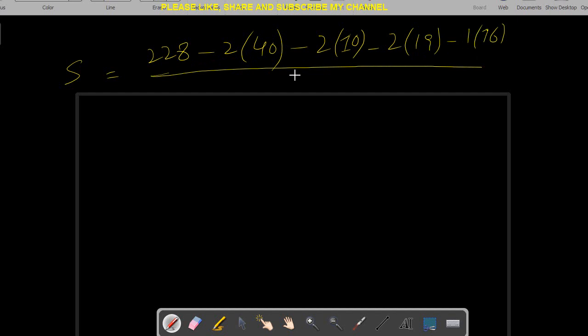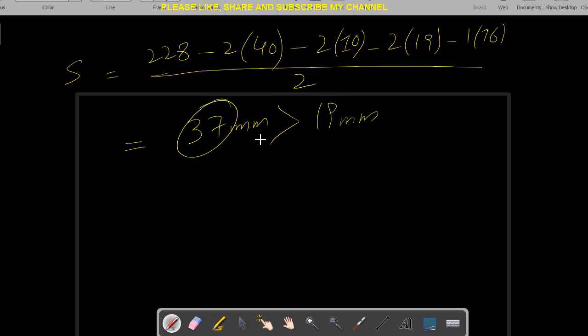We have 2 number of spacing. So from this, if I use my calculator, I got 37 mm. So this distance is greater than the maximum bar diameter, that is 19 mm. So the spacing will be okay.